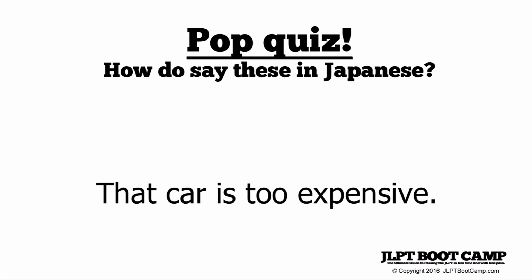So do you think you have it all? We're going to do a quick pop quiz here. Can you translate these sentences into Japanese? First one, that car is too expensive.